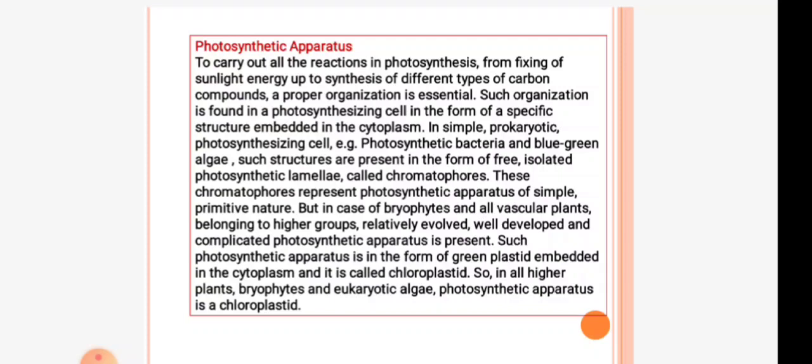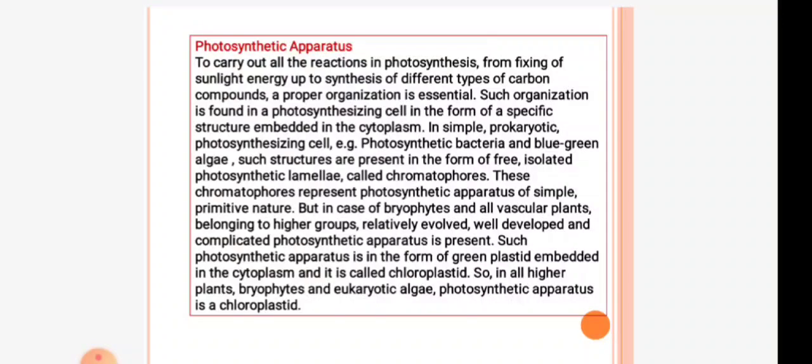In simple prokaryotic photosynthesizing cells, photosynthetic bacteria and blue-green algae, such structures are present in the form of free or isolated photosynthetic lamellae called chromatophores. These chromatophores represent the photosynthetic apparatus of a simple primitive nature.